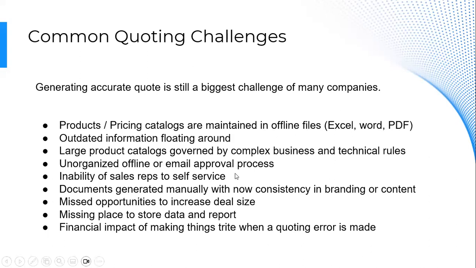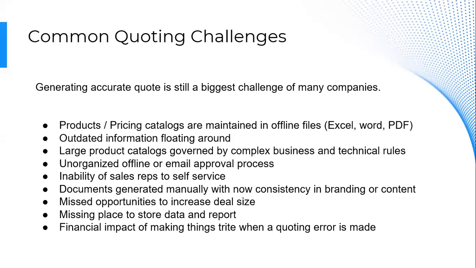Then there are large product catalogs governed by complex business and technical rules. Suppose you are selling a desktop. If a customer wants to assemble a desktop, there are multiple parts. Inside the hardware, there would be RAM, a motherboard, a graphics card, and a lot of other things.